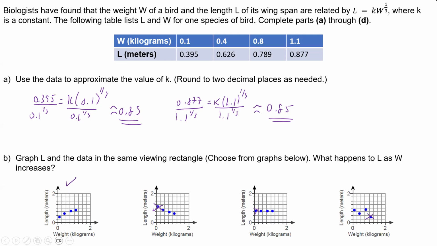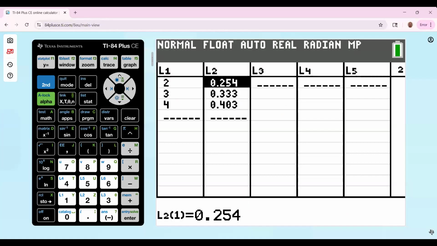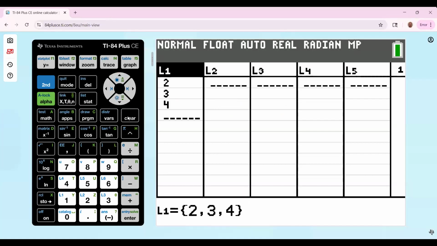So what happens to L as the weight increases? The length increases as well. Now let's go to our calculator and plot all of those points. Okay, so let's go back over here, go to here and clear those out.